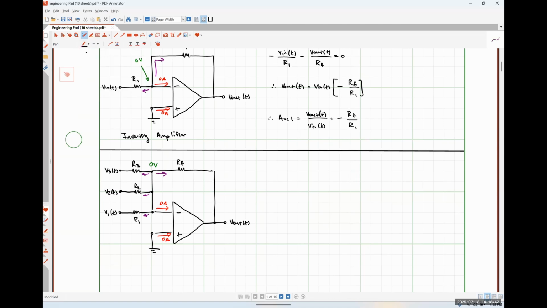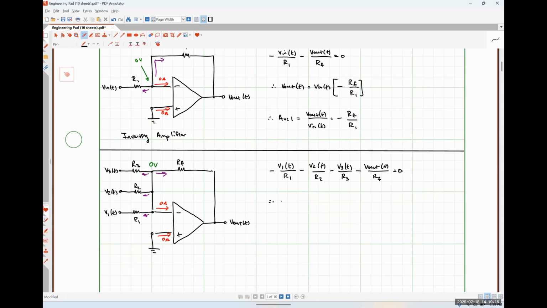What we would wind up getting is negative V1 over R1 minus V2 over R2 minus V3 over R3 minus Vout over RF is equal to 0.